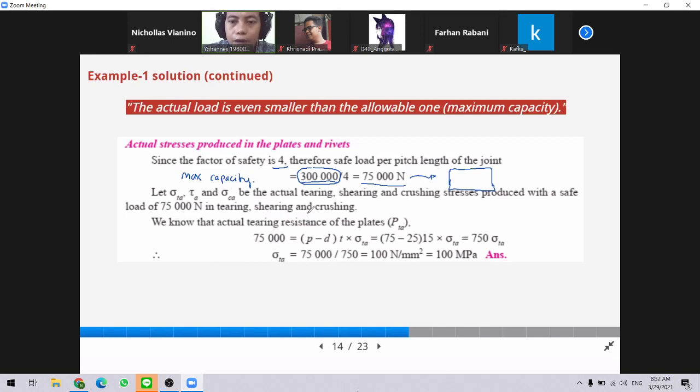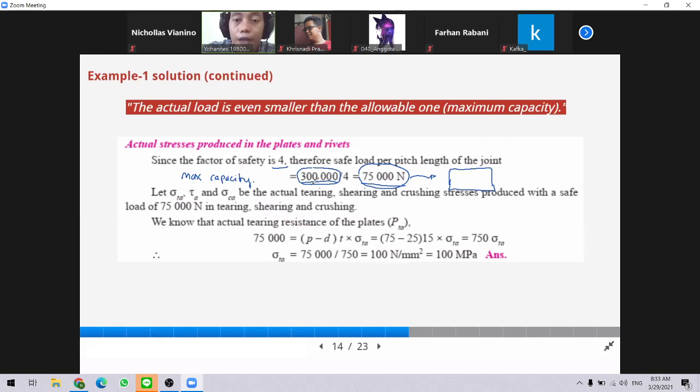Okay, so after we know the actual shearing resistance on the plate, this we call actual, and this is the allowable. Okay, so 300 kilonewton is the allowable by the material, and the 75 kilonewton is the actual load.